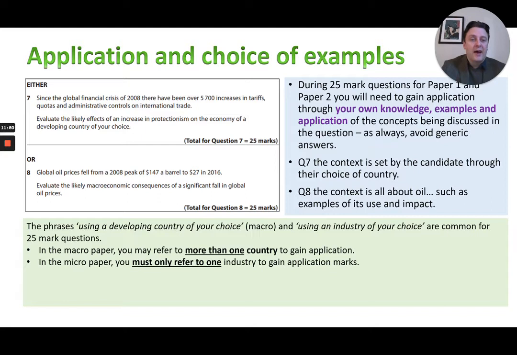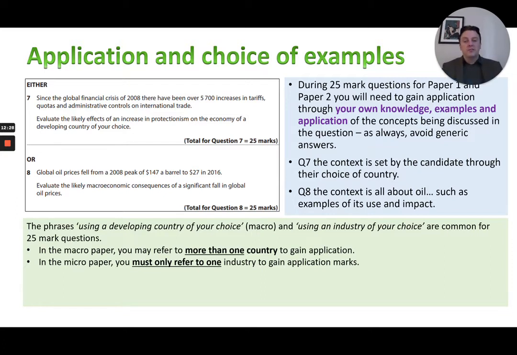For this one, what I want you to do is really look at examples of the use of oil and its impact on the economy and how that affects particularly aggregate supply. So that's going to be your diagram as well. For question 7, the tariff diagram and the AD-AS diagram are going to be absolutely critical here. But for question 8, certainly the aggregate supply diagram would be very useful.